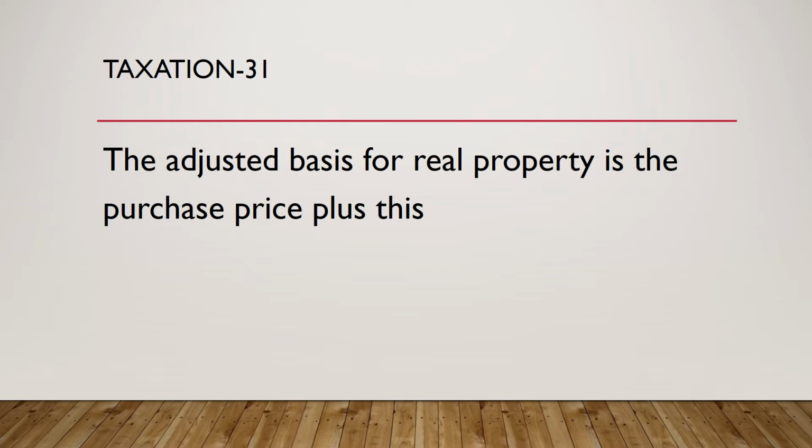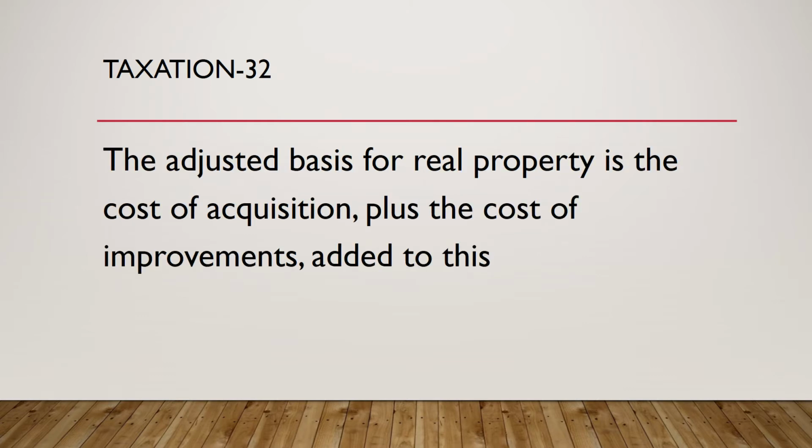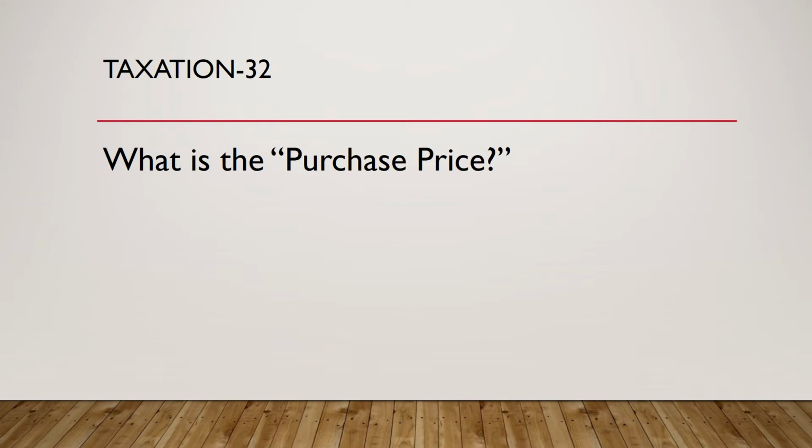Question 31. The adjusted basis for real property is the purchase price plus this. What is the cost of acquisition plus the cost of improvements? Question 32. The adjusted basis for real property is the cost of acquisition plus the cost of improvements plus this. What is the purchase price?